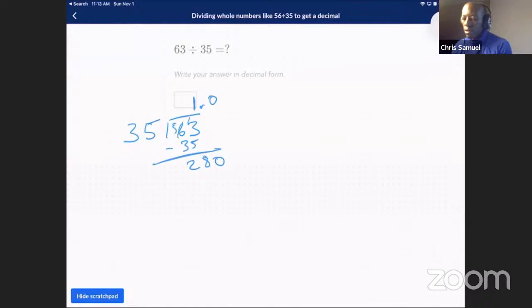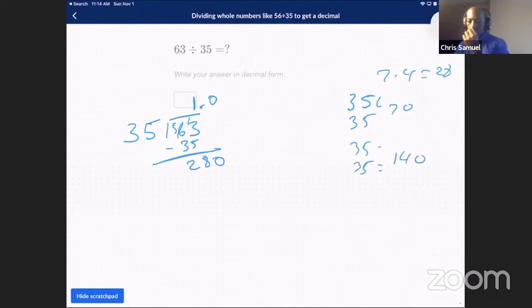Then we say how many times 35 goes into 280. Roughly, 35 plus 35 is 70, and 35 times 4 is 140.